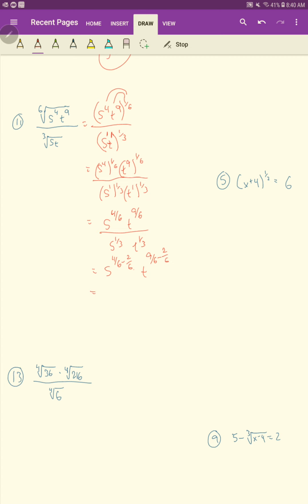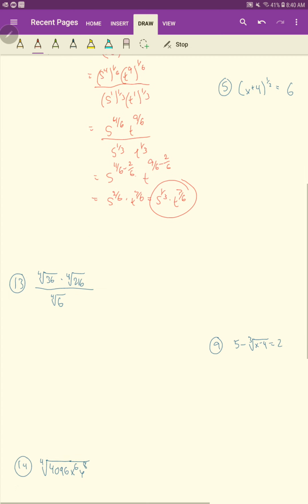And now I can subtract 4/6 minus 2/6, 2/6. 9/6 minus 2/6, 7/6. This we can still simplify, so we'll go ahead and do that. And our final answer will be s to the 1/3 times t to the 7/6. And there's our answer. Okay? Again, just leaving it in rational exponent form.